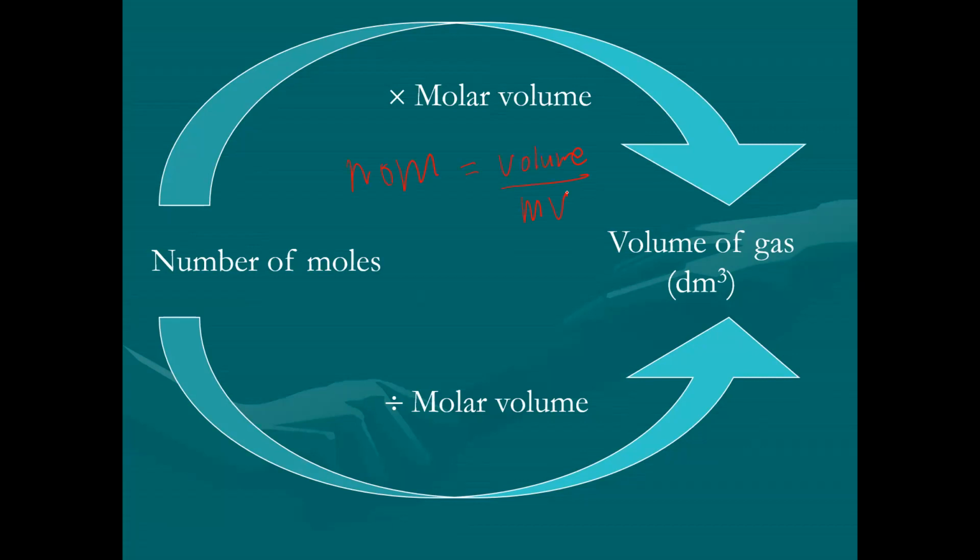In number of particles over Avogadro constant, you know the Avogadro constant. In mass over molar mass, you can count the molar mass. Here, I'm doing volume over molar volume. You know the molar volume. If my molar volume is standard temperature and pressure, what will it be? What's my value? Sorry, Tanya?